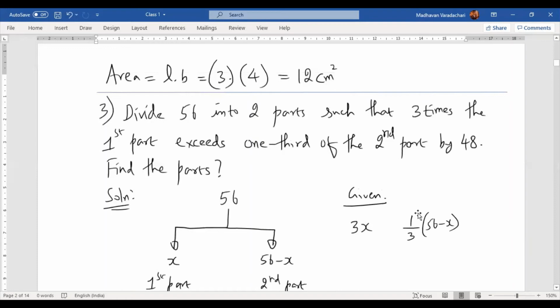Exceeds means this is larger. So this exceeds this by 48, which means if I subtract this from this, I will get 48.